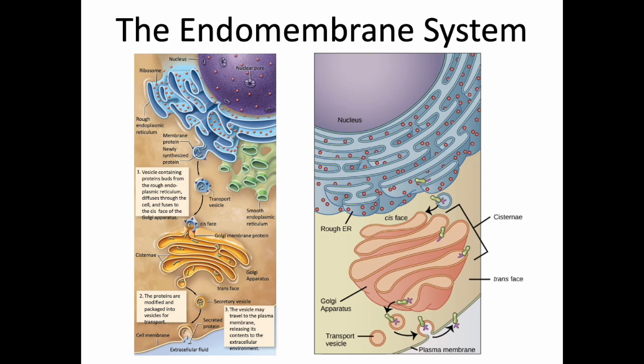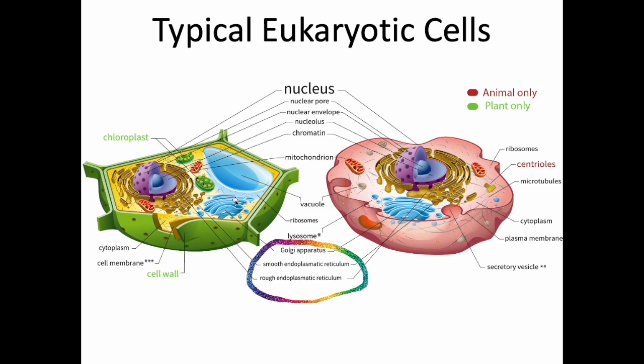So that leads me into the function of this overall endomembrane system. The big picture function of this whole system is to build proteins, modify proteins, and ship proteins to where they need to go in the cell. The eukaryotic cell, whether it's plant or animal, is a big place. And yes, there are some ribosomes that you could see just floating around in the cytoplasm.